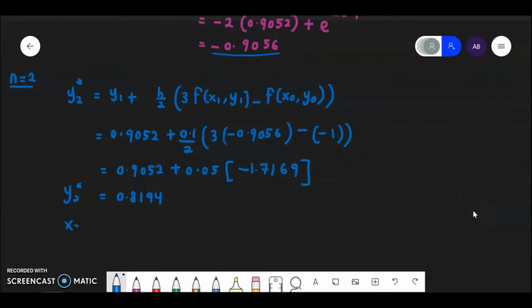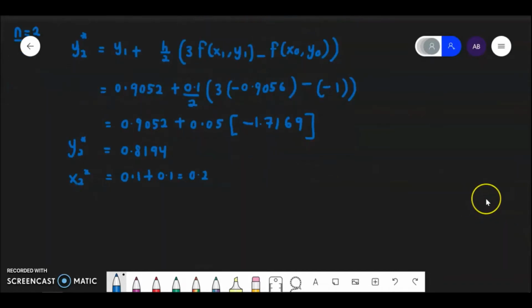I mean x2 star. X2 star is 0.1 plus h, which is 0.1, so x1 plus h, which is 0.2. So I have obtained my f at x2 star, y2 star. Sorry, x first and then y.